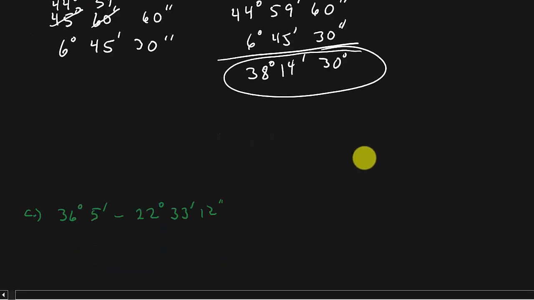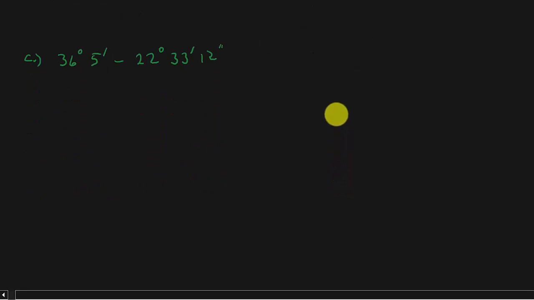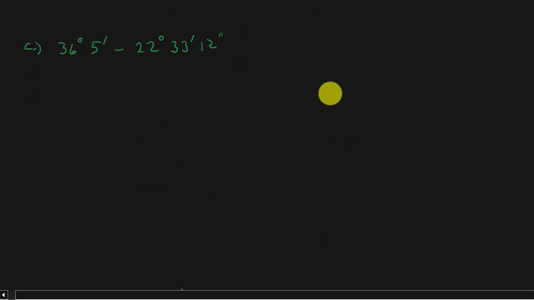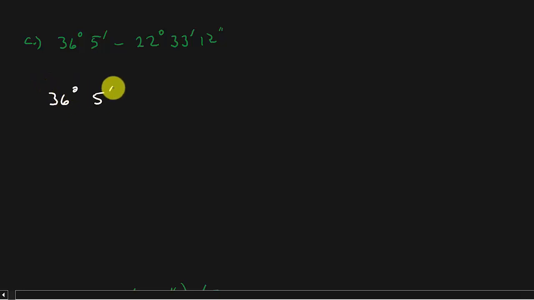All right, so let's take a look at another one. I've got 36 degrees, 5 minutes, minus 22 degrees, 33 minutes, and 12 seconds. So let's write it out. So that's 36 degrees, 5 minutes, minus 22 degrees, 33 minutes, and 12 seconds.